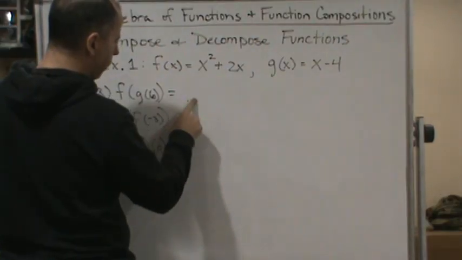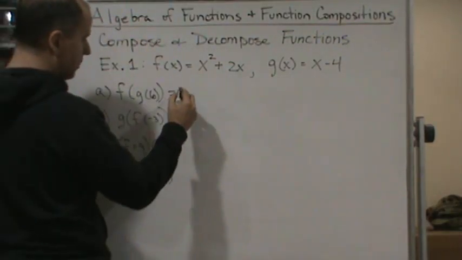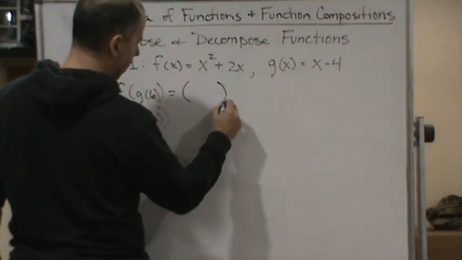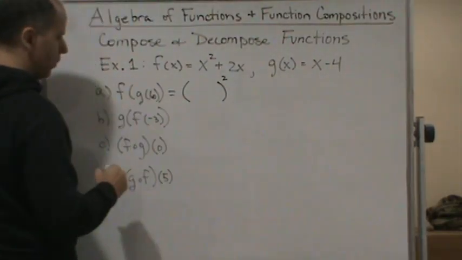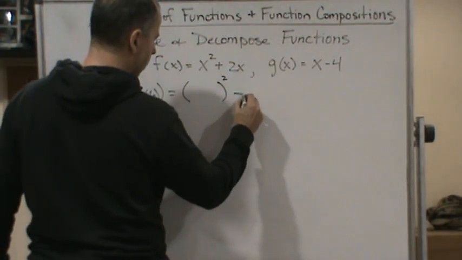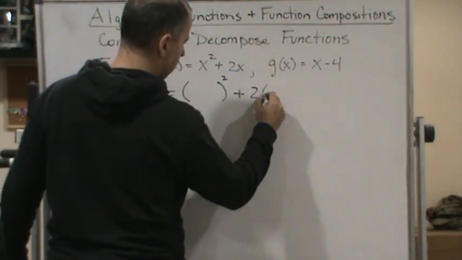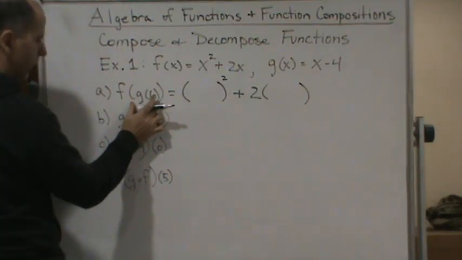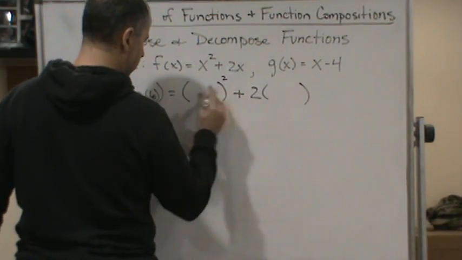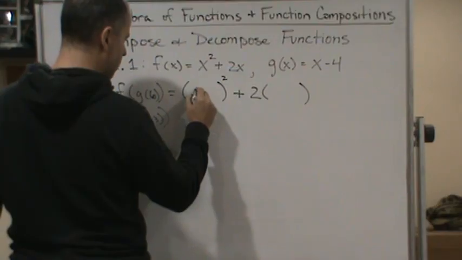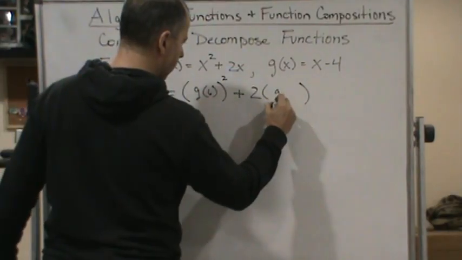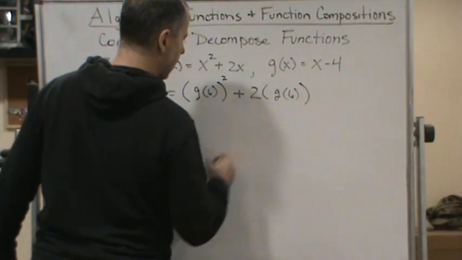So what we're going to do is we're going to take f, right? So wherever the parentheses are, that's the rule. Whatever goes in here goes in here. So what we're going to put in here is g of 6, right?